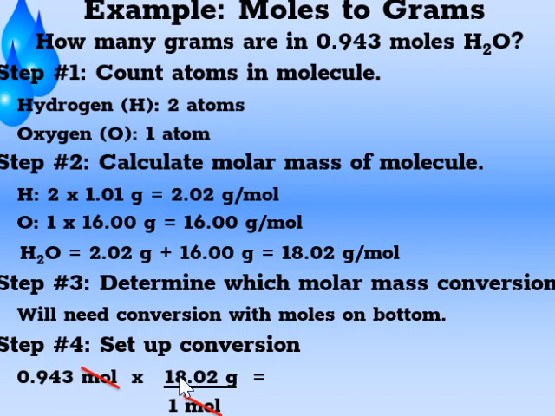And since this is on the top, we would multiply this time. It's not down here. So we're going to multiply across. So 0.943 times 18.02 would get me 16.99 grams of water. So those are our conversions for grams to moles or moles to grams.